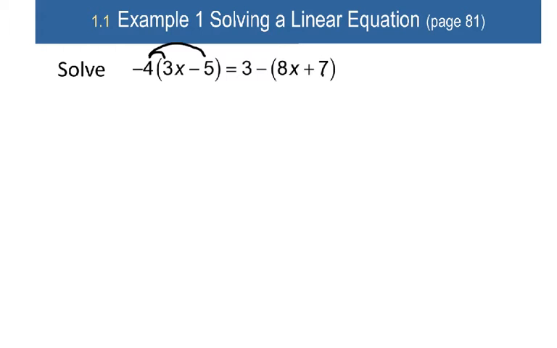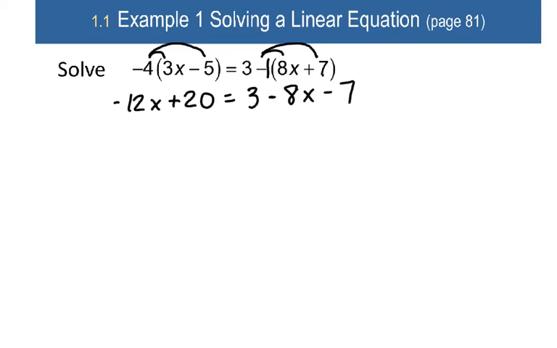So multiplying that -4 throughout the parentheses gives us -12x plus 20. And on this side, it's like saying we have a -1 in front of our parentheses. So let's distribute that -1 out. Copy down the 3, then we have -8x minus 7.